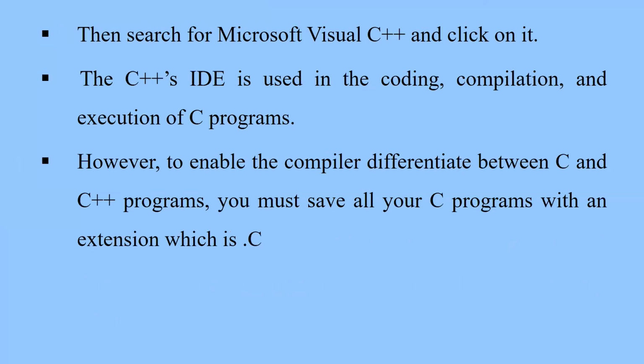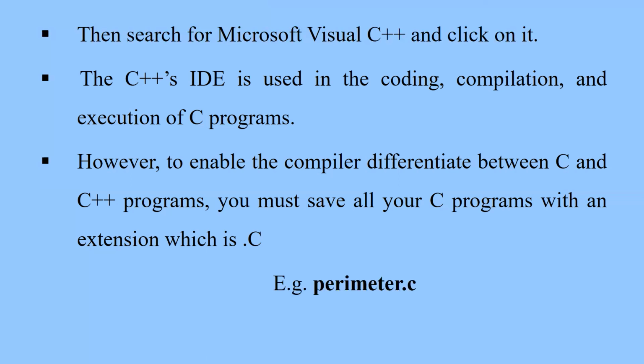However, to enable the compiler differentiate between C and C++ programs, you must save all your programs in C with an extension which is .c. In other words, when you code your source code using a C++ program, you save it with .c, because if you don't save your file with .c, the compiler will assume that it is a C++ code.